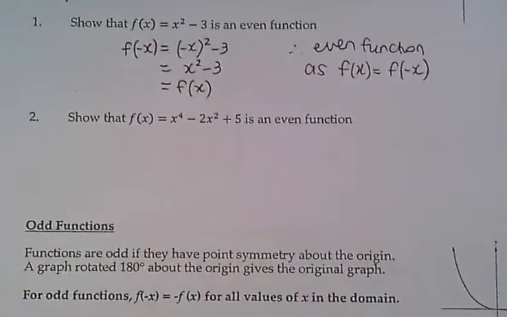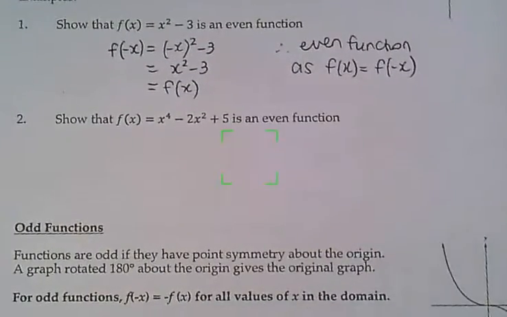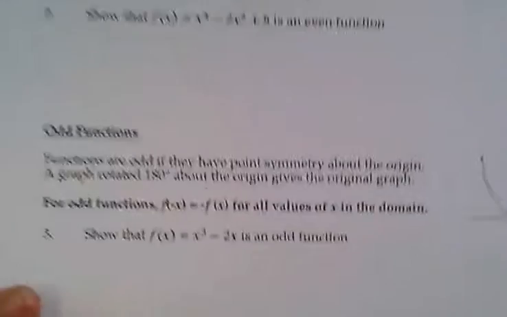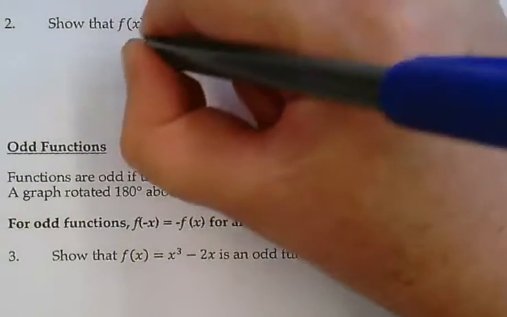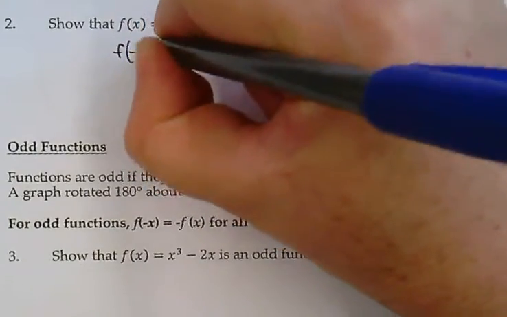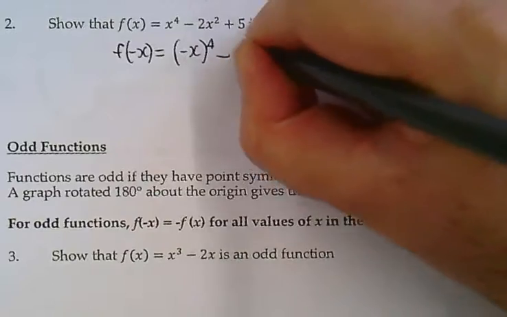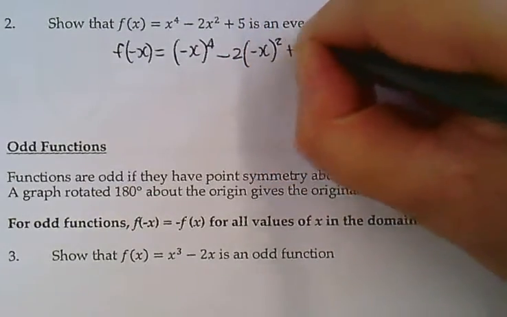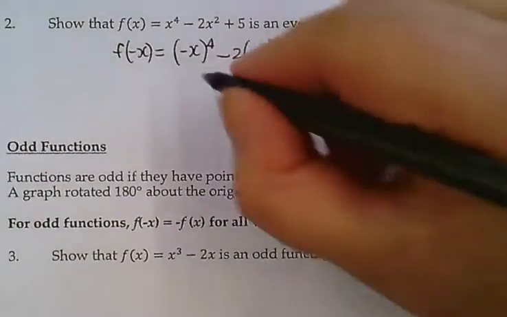So show that this next curve, x to the power of 4 minus 2x squared plus 5 is an even function. So question 2, show that x to the power of 4 minus 2x squared plus 5 is an even function. So that's what function of x is, function of negative x, replacing each x with a negative x. So we've got negative x to the power of 4 minus 2 times negative x squared plus 5.